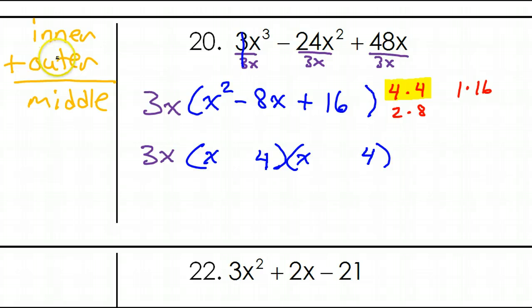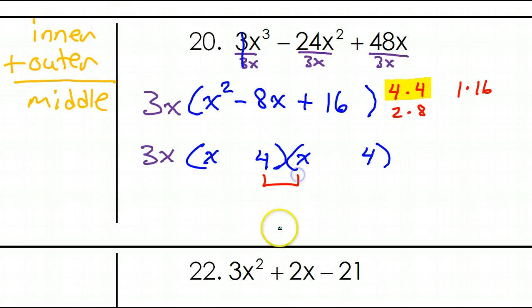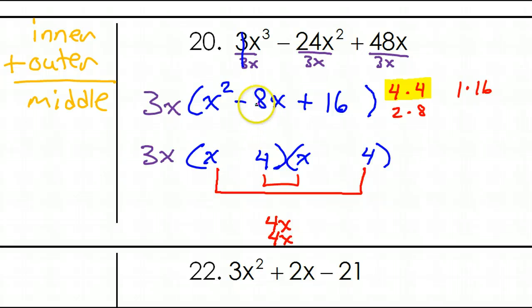Now, the inner plus the outer must equal the middle. Inner, I have 4x. Outer, again I have 4x. Okay? So I need to get a middle of negative 8x.